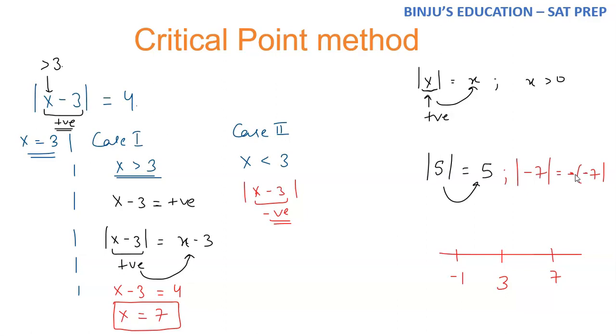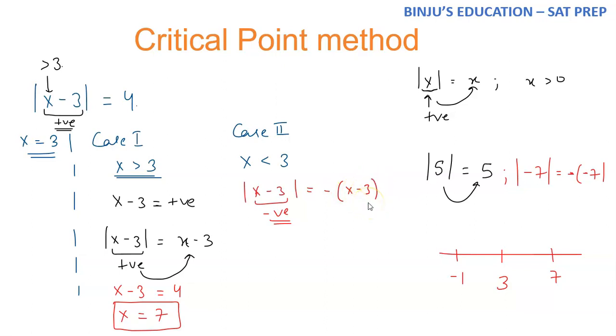So if I have mod of minus 7, that will become minus of minus 7 because I have a negative quantity inside mod. Similarly, what is x minus 3? X minus 3 is a negative quantity, but the result of mod is always non-negative. So how do I make it non-negative? I'll have to put a negative sign in front of it while opening it. So this will become minus of x minus 3.